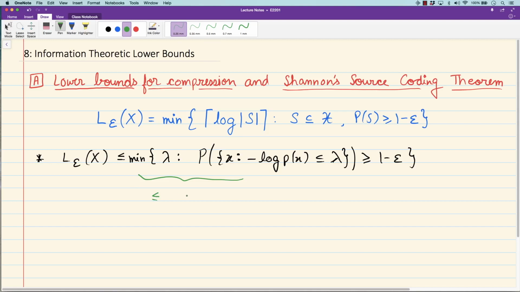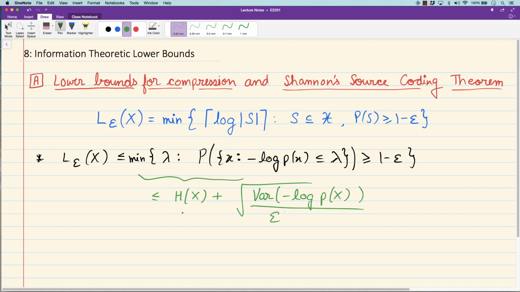By Chebyshev's inequality, one choice of such lambda is H of X plus the square root of the variance of the random variable minus log P of X divided by epsilon. Here the distribution of X is under P, and P is also the PMF. So this is one choice of lambda which works.